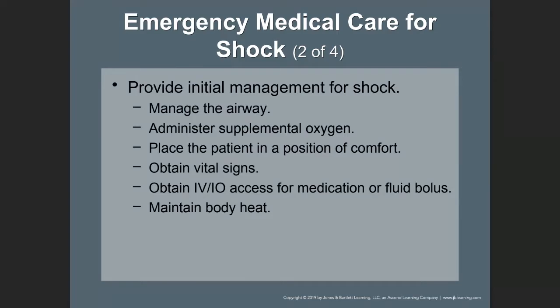Does this patient need an advanced airway? Does the patient need IV access? If the patient needs IV or IO access, I need to put this patient on a cardiac monitor. So these are things that need to become second nature. Once you start going to advanced interventions, think about all the advanced procedures, whether or not they are needed, and if they're needed, execute.